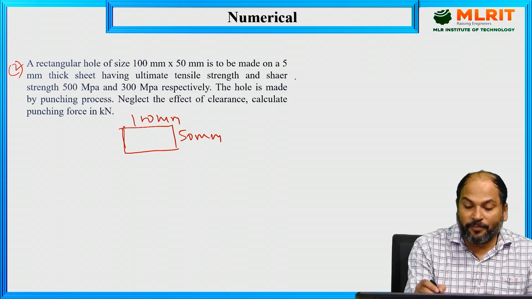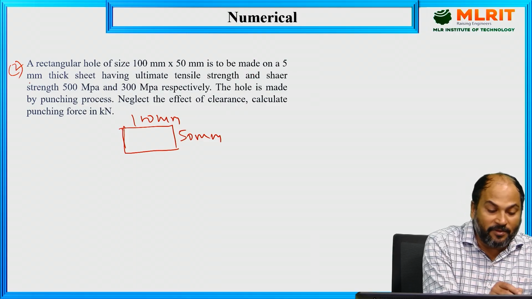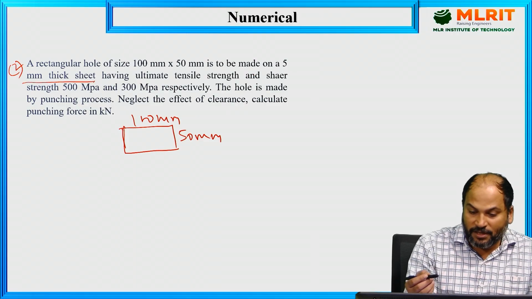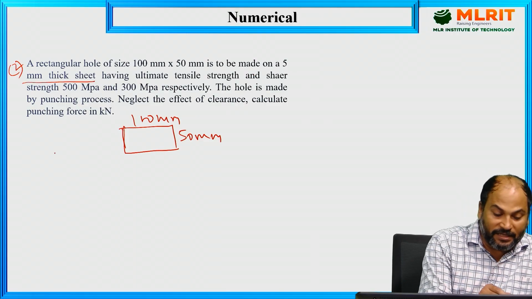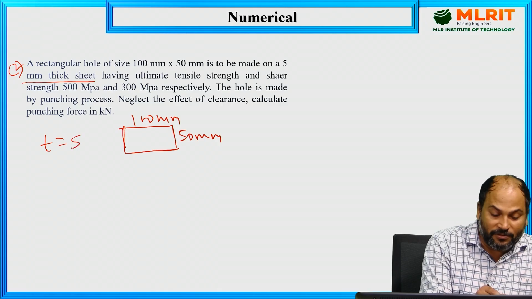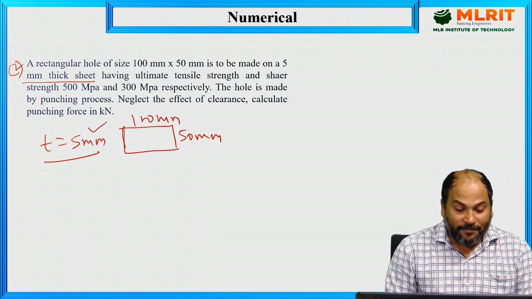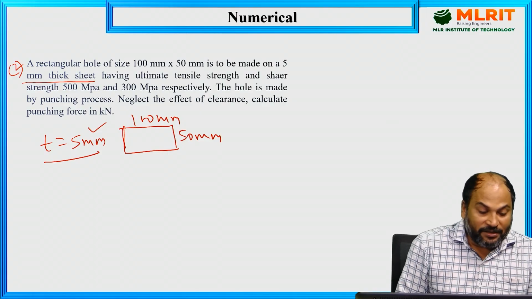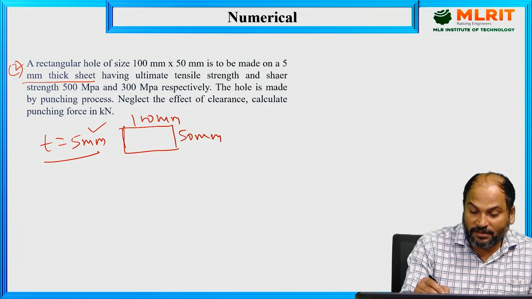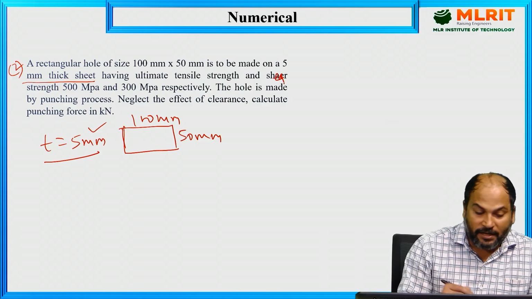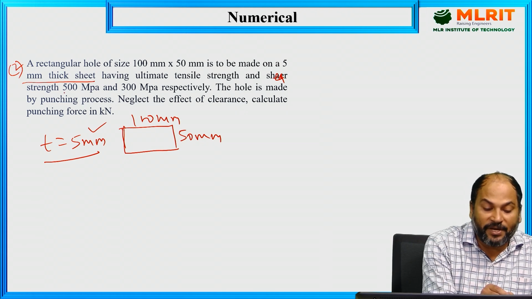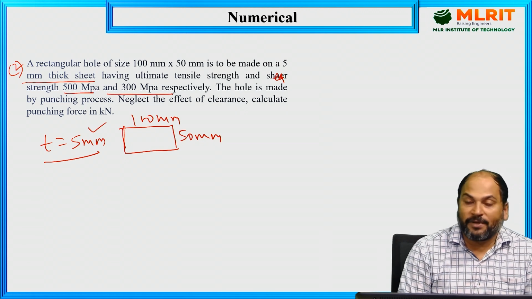Now it is to be made on a 5 mm thick sheet. Means we have a blank whose thickness is given, t is equal to 5 mm. Okay. Having ultimate tensile strength and shear strength of 500 megapascal and 300 megapascal respectively.